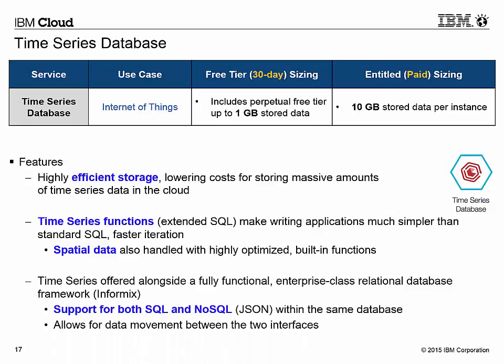The time series database option is powered under the covers by Informix, and for its API, there's both a SQL and NoSQL JSON interface within the same database. In particular, you can use JDBC, and you can also use MongoDB style queries to receive the data in JSON format. It also has the ability to move data between the two interfaces.